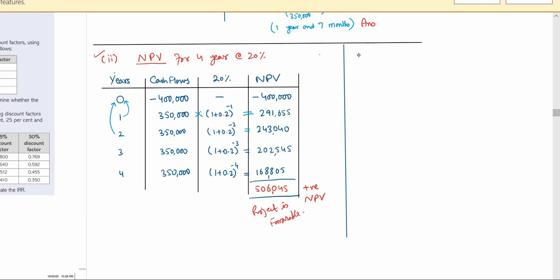So for the accounting rate of return for part number 3, what is the formula to calculate the accounting rate of return? Can you tell me?